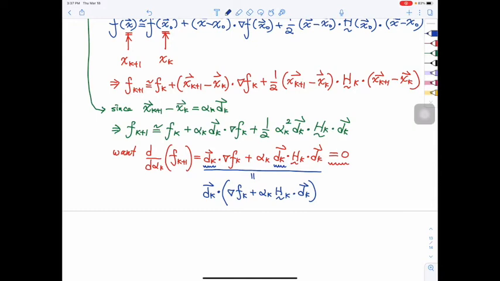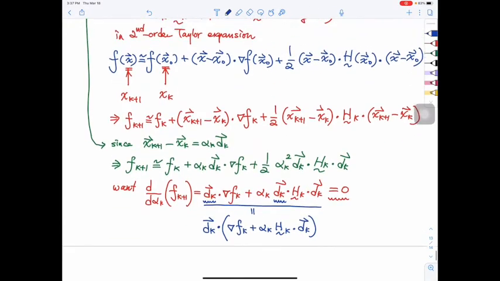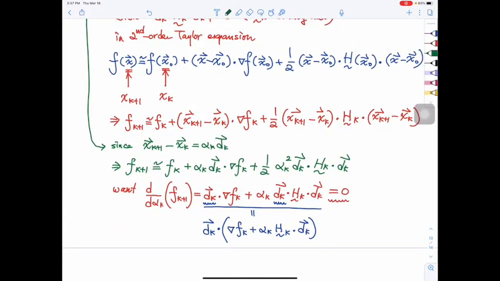From somewhere we can get something similar to this. So where? From here. Actually, not here. From this one. From there.